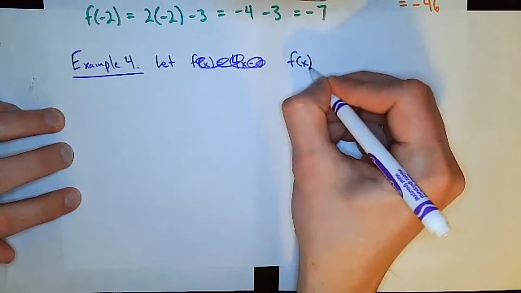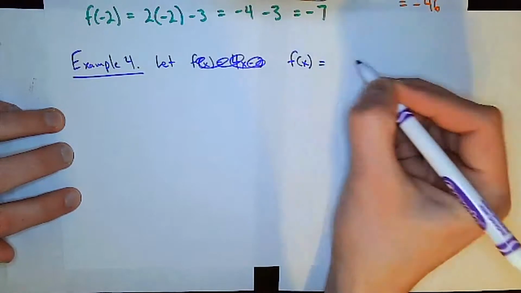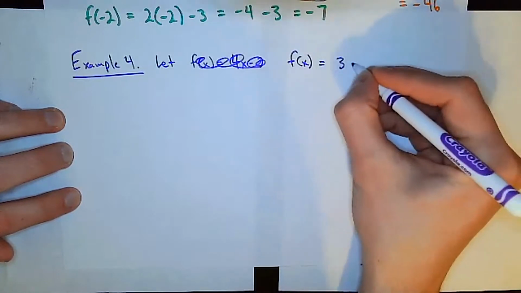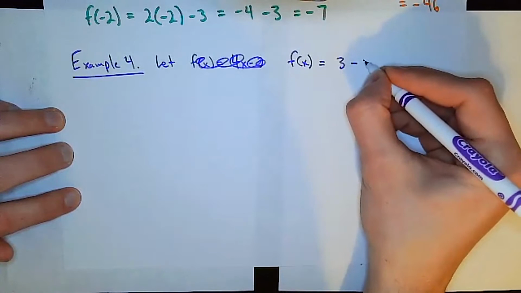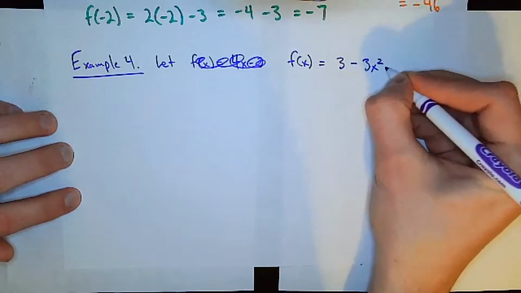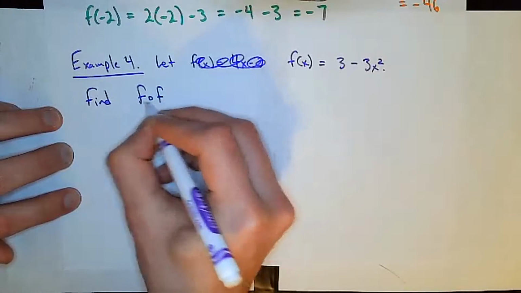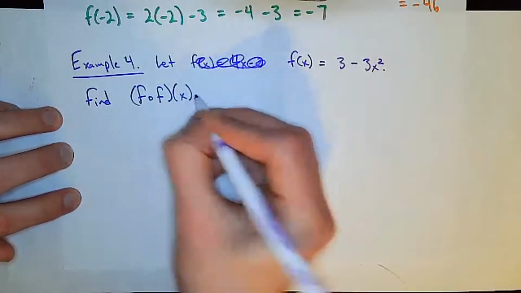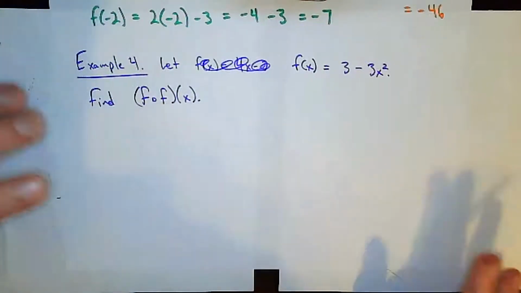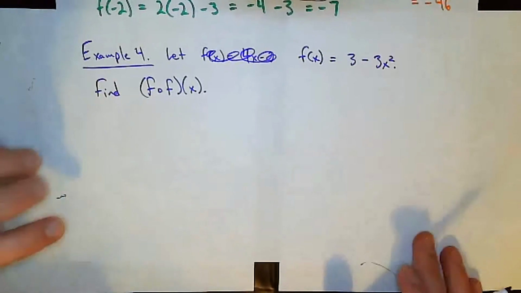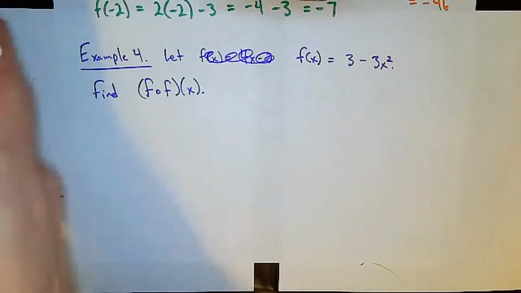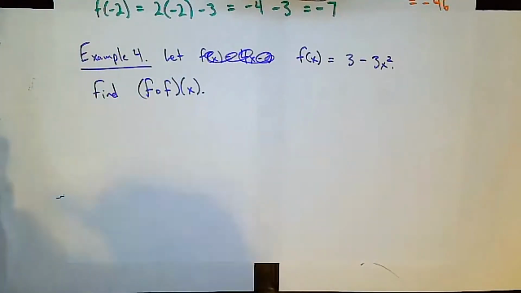Let me do f of x equals 3 minus 3x squared. Find f composed with itself at x. Is this possible? Yes, of course it is. Just going to plug the function into itself.